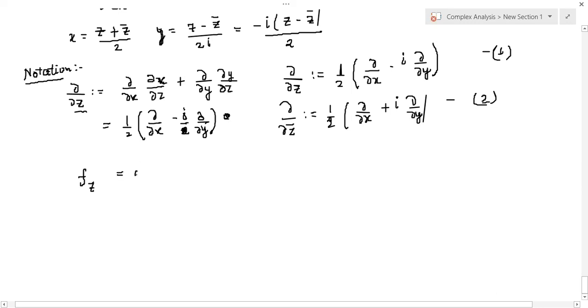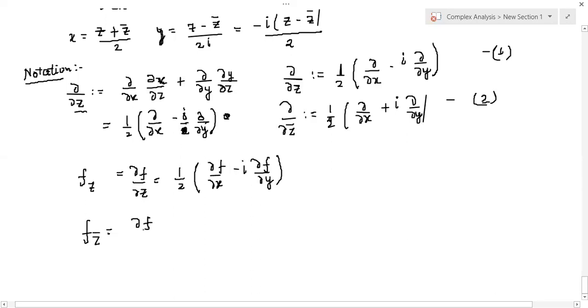So it is simply del f by del z, and del f by del z would be equal to what? Del f by del z will be equal to 1 over 2, and here you will get del f upon del x minus iota del f upon del y. And if I use f z bar, the derivative of f with respect to z bar, what will I get?